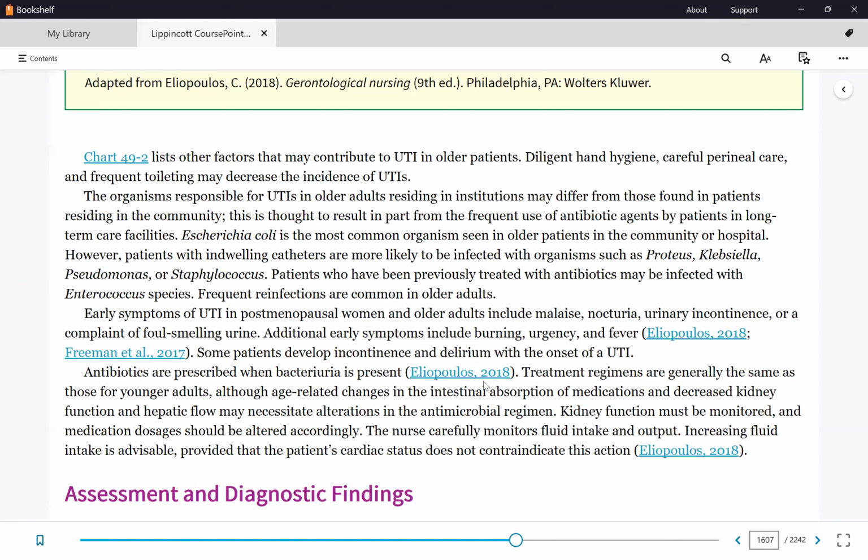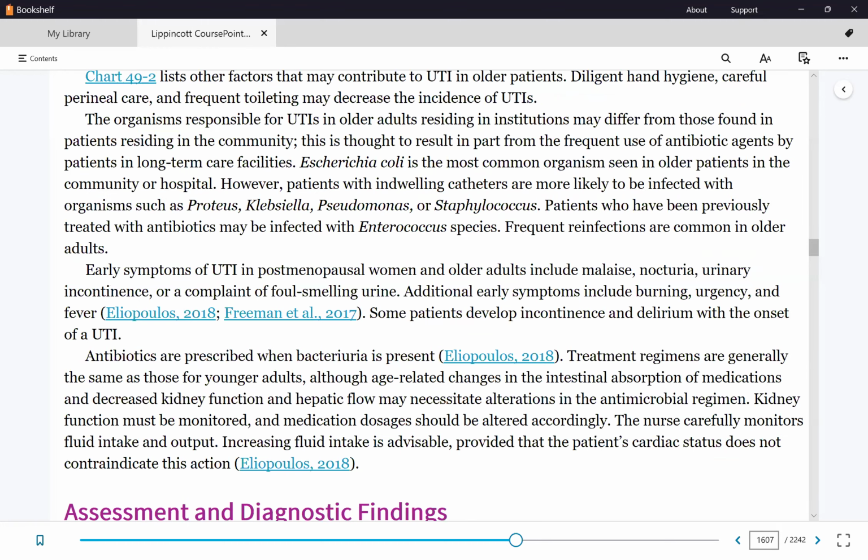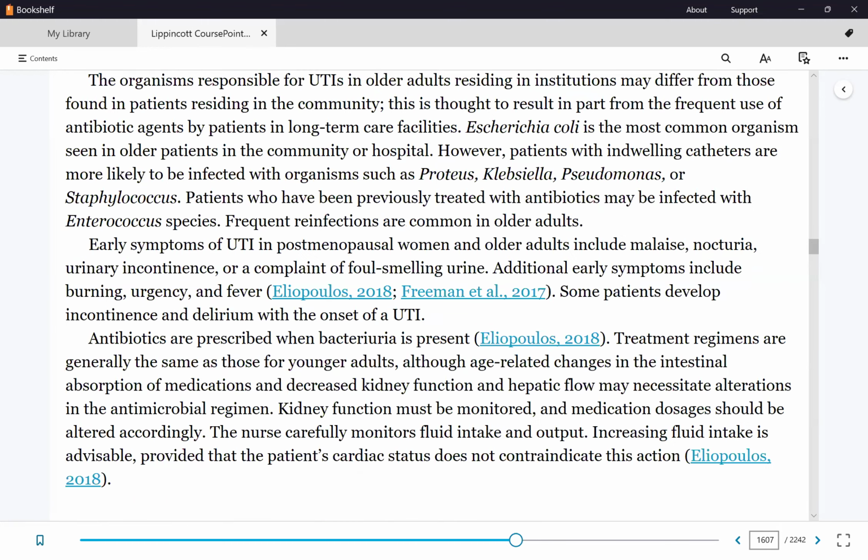Yes, for people with chronic Foley catheters. But if the catheter is new, of course we treat it, because they're not colonized. Okay, so only in those chronic Foley scenarios. Permanently, I mean, they've had it for more than just a few days.